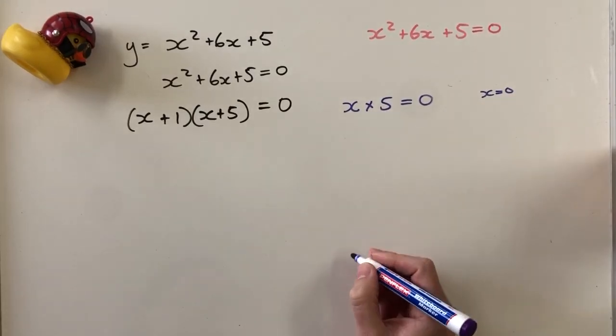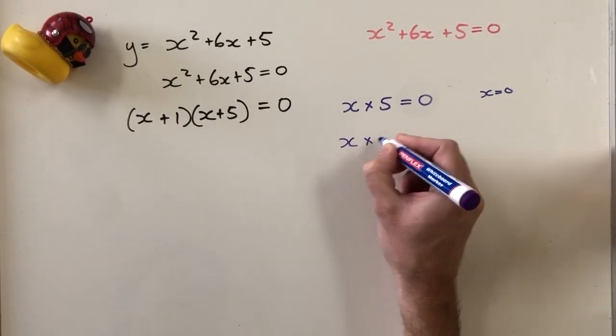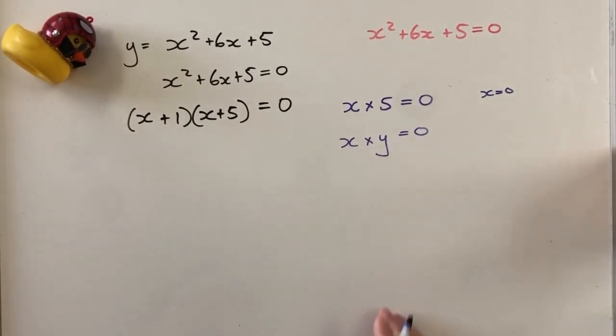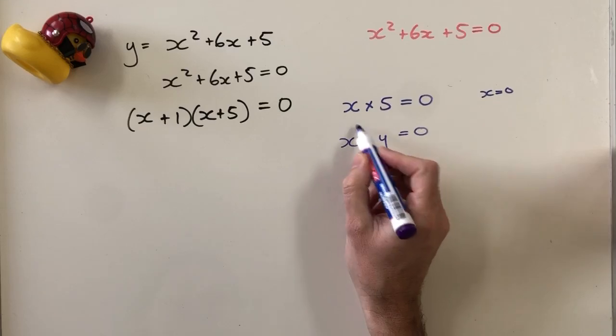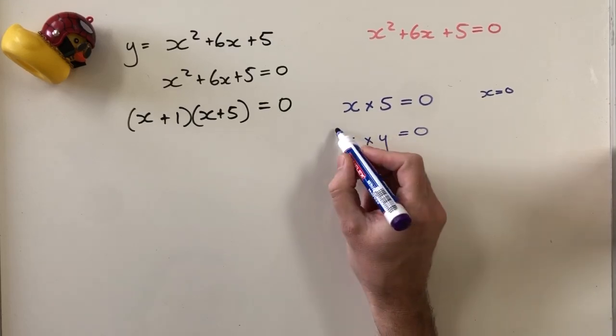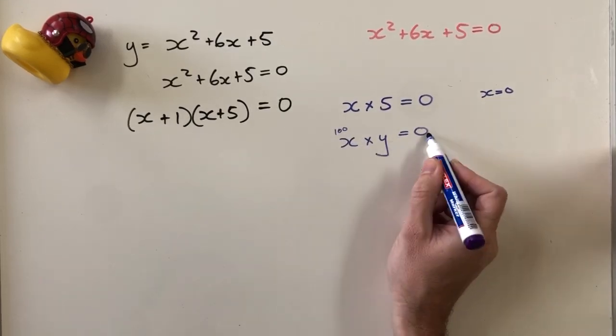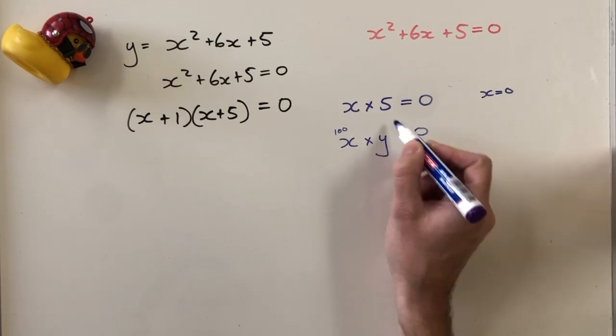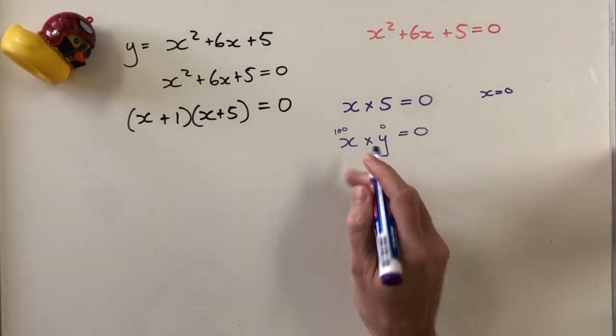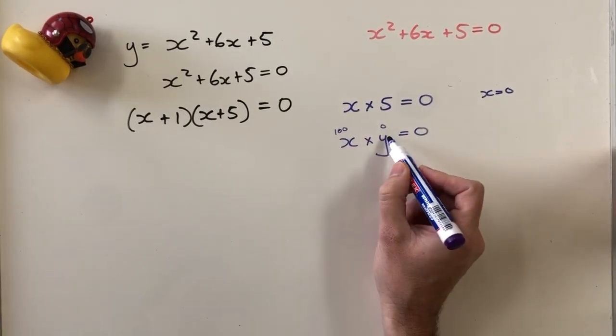That's my solution. But if I had x times y gives me 0, then suddenly I have an unlimited amount of answers. Because x can be any number. So let's say x was 100. In order to get 0, y should be 0. Or x can be any number, but y has to be 0.